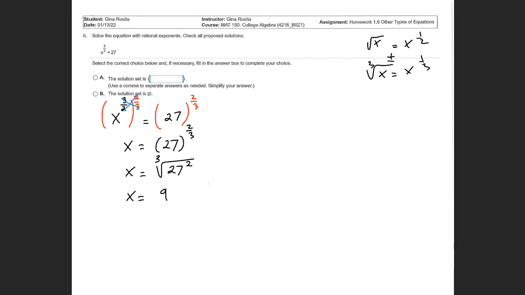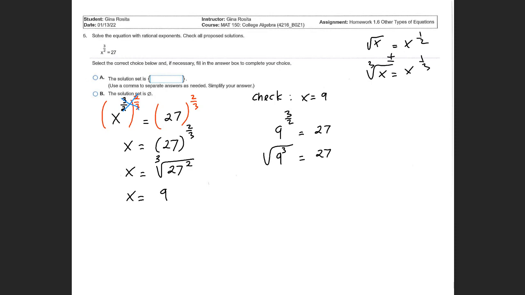Now you can check x equals 9. Plug it into the original: 9 to the 3 over 2 equals 27.